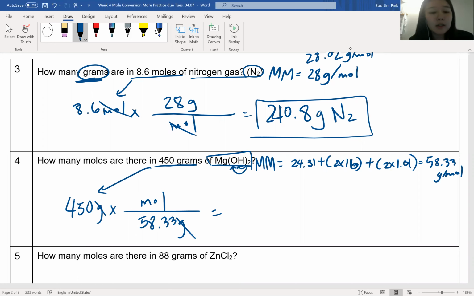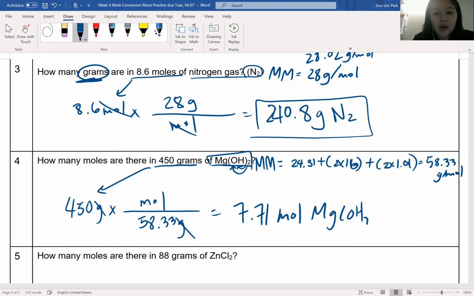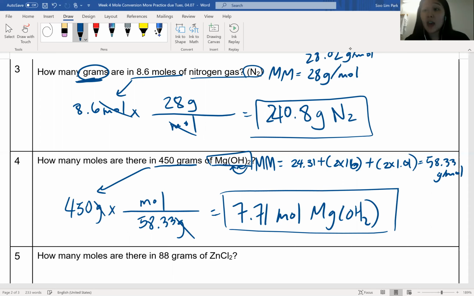When you plug this into the calculator, it's 450 divided by 58.33 grams, and I get 7.71 moles of MgOH2.